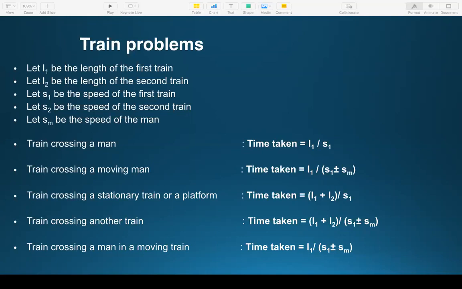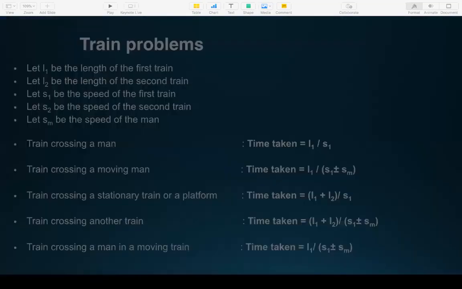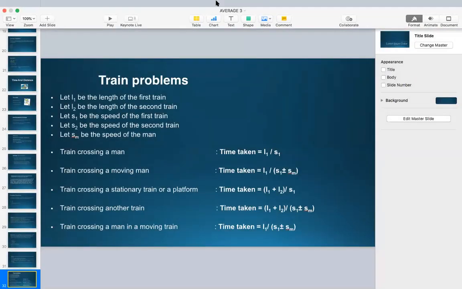So L1 divided by S1, the length of the first train divided by the speed of the first train, will give the time taken by the first train to cross you. Is this part clear? Because only then can I proceed further. This is completely conceptual. If you understand these 5 points, then you can answer any train question.